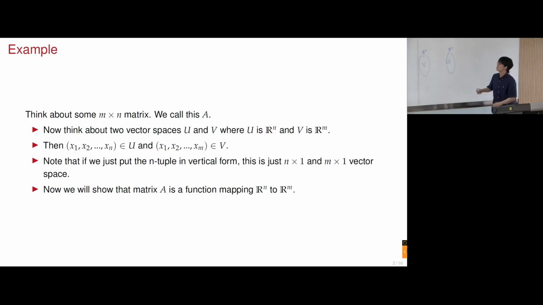So we have a matrix A, which is an m by n matrix, right? What we are showing is that this A maps elements here to elements here. It's a function. And we're going to see how it turns out. We're going to show that the matrix A is indeed a function.